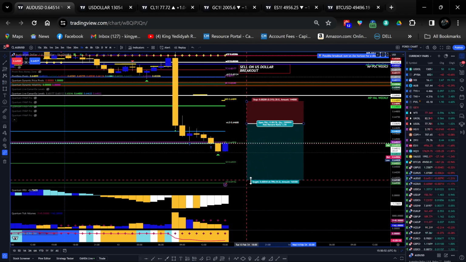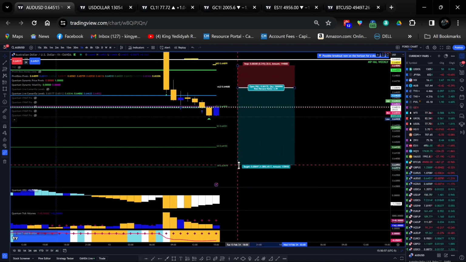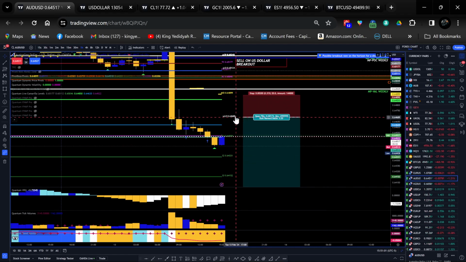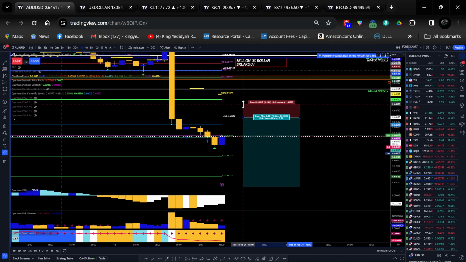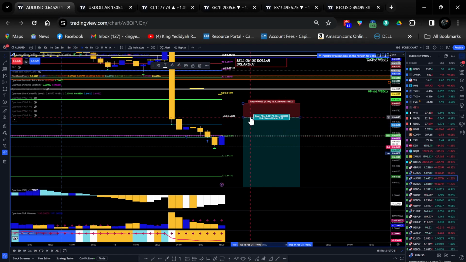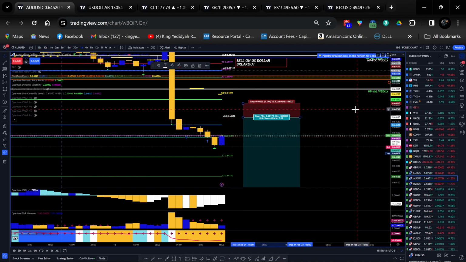And probably try and target S3 or maybe even S4, depending on the US dollar strength, right? So probably set my stop somewhere around here at 0.64815, have an entry somewhere below the previous week's low, and see if that could work out, right?